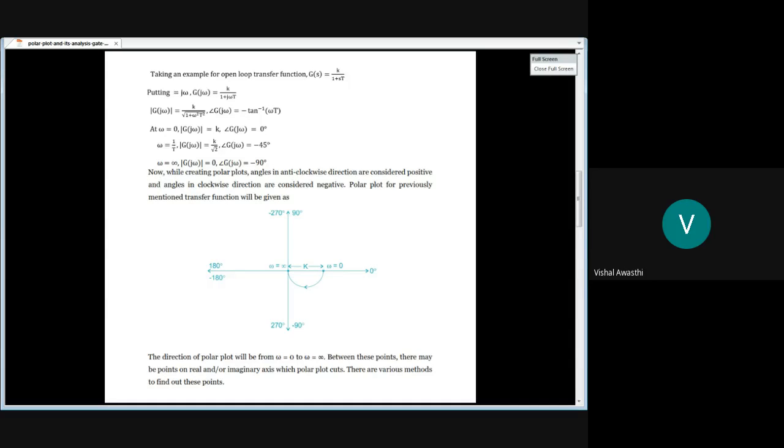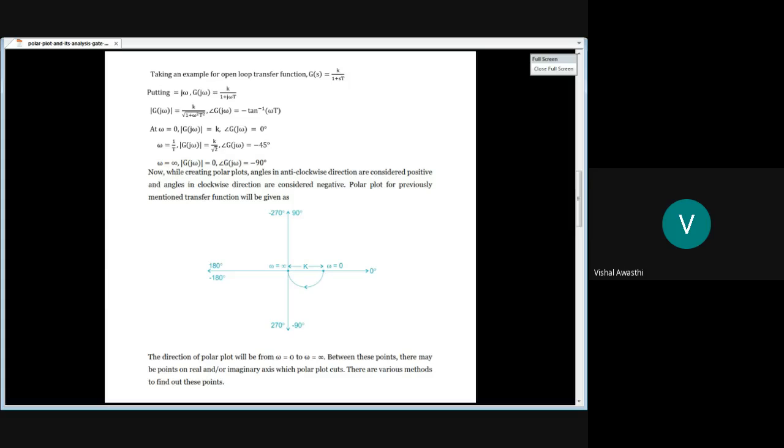So in the first case, at omega is equal to 0, your magnitude is k and angle is 0. So you know angle is 0 at the positive real axis and its magnitude is k. K means it is not given what its length is, but you have a k value which is positive.